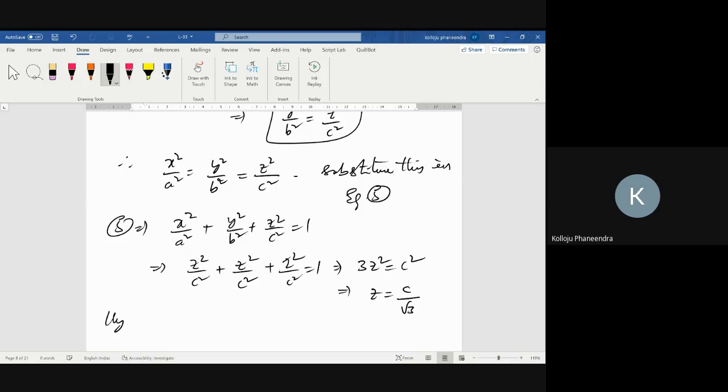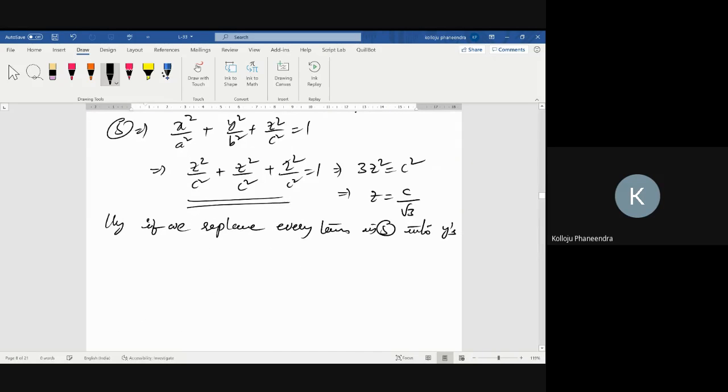Similarly, if instead of replacing in terms of z, I replace every term in 5 in terms of y, what I'm getting? 3y square by b square equal to 1, isn't it?